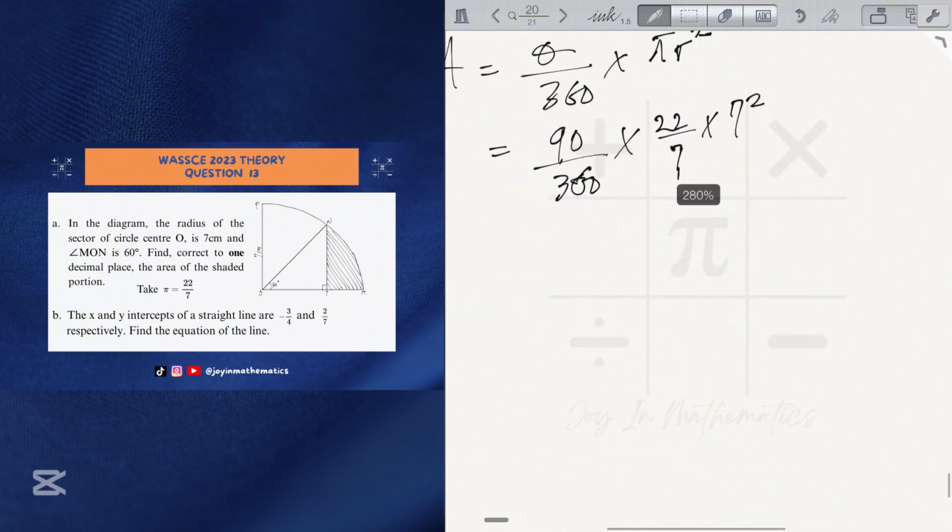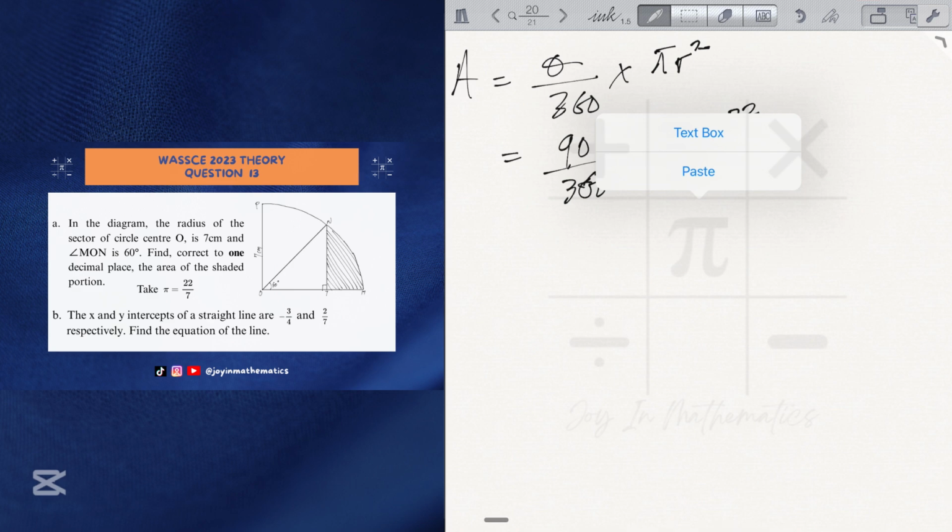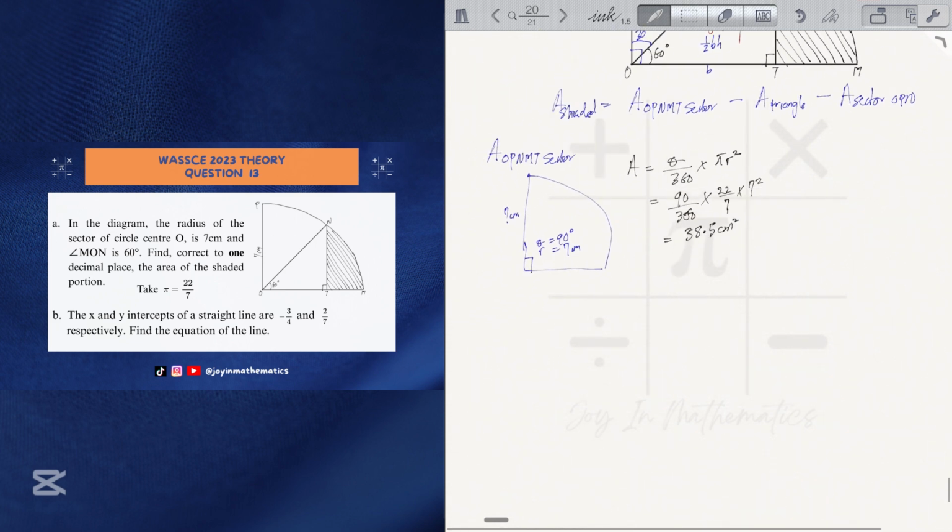If we simplify this, the area of this sector is going to give us 38.5 centimeters squared, which is the area of sector OPNMT.